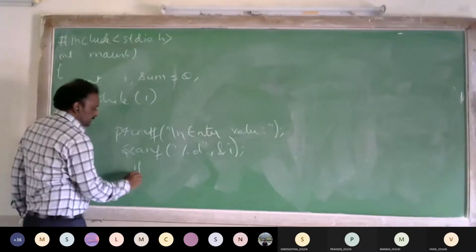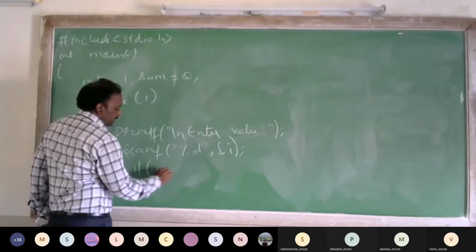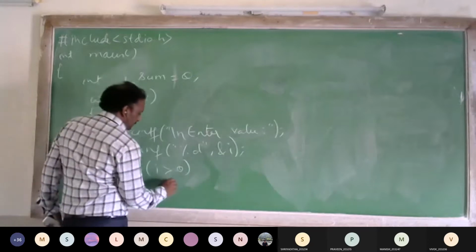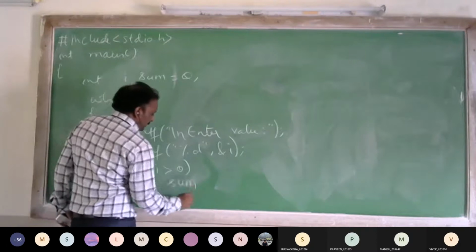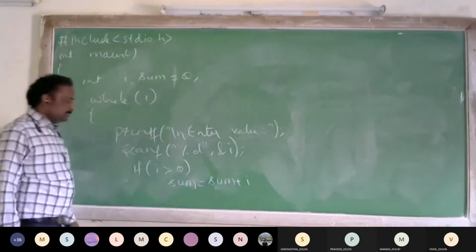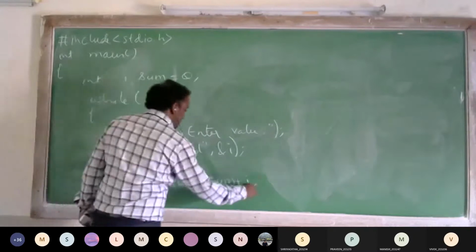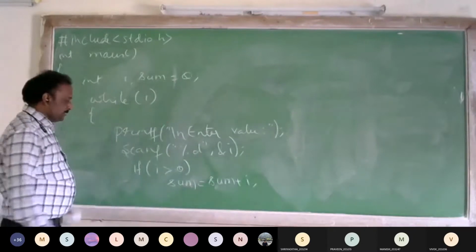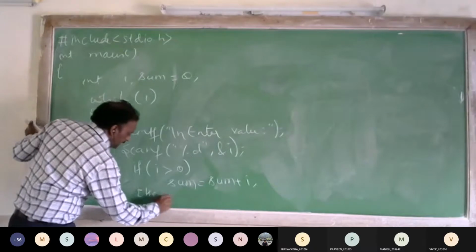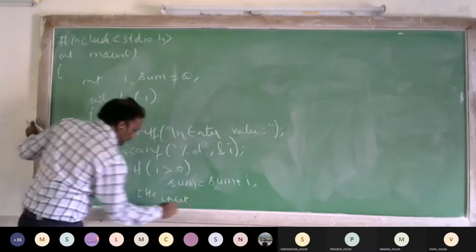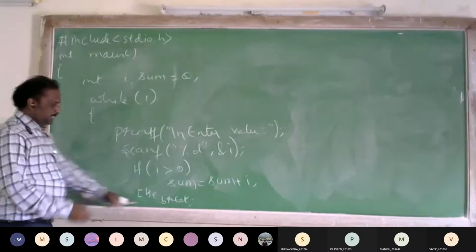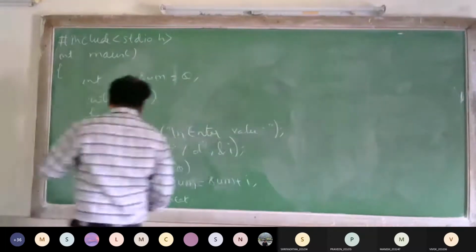Now I will check if i is greater than 0. If i is greater than 0, I will add that number: sum is equal to sum plus i. Otherwise, else break.